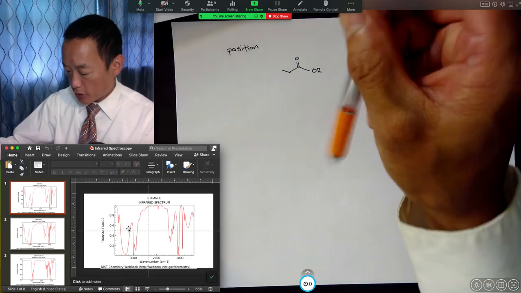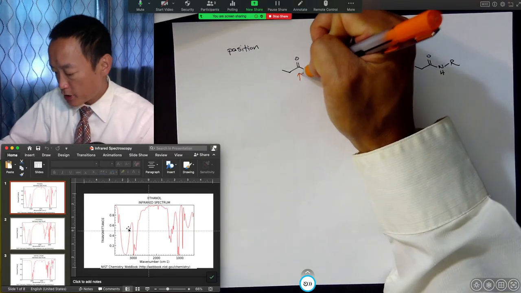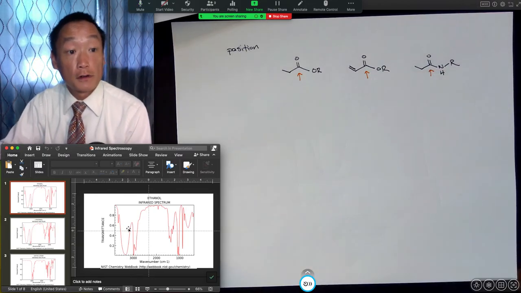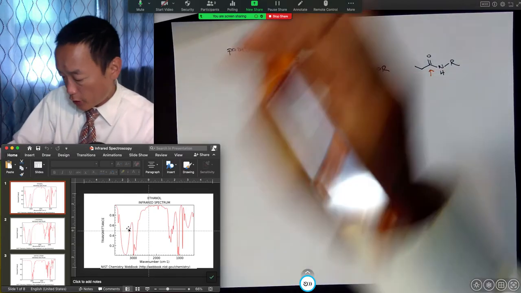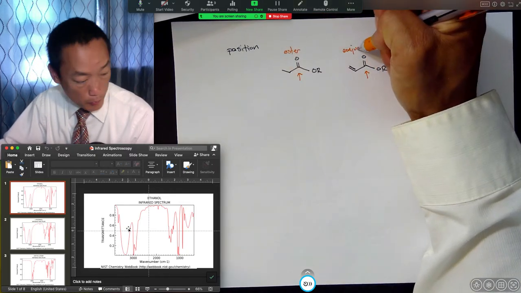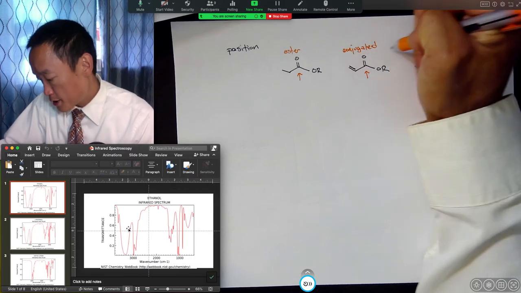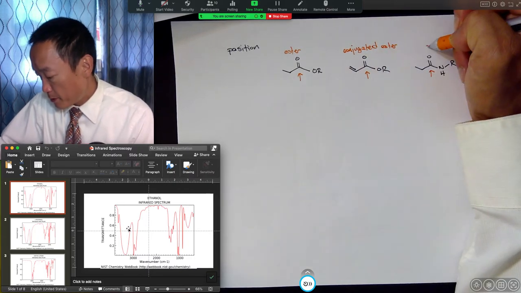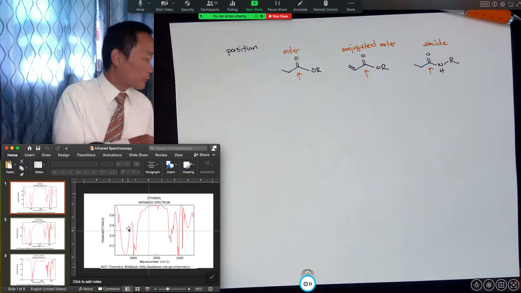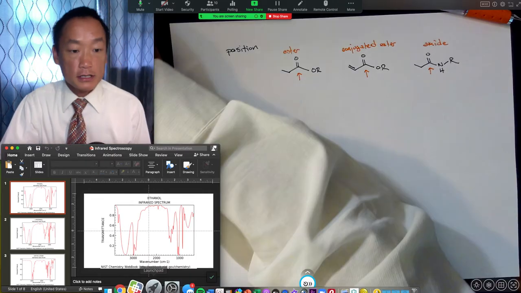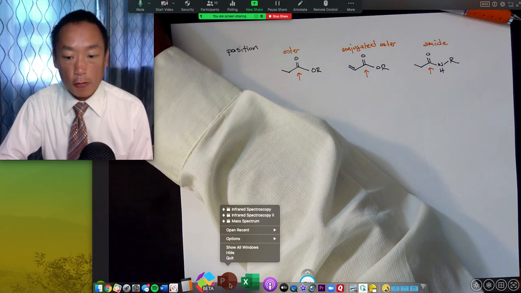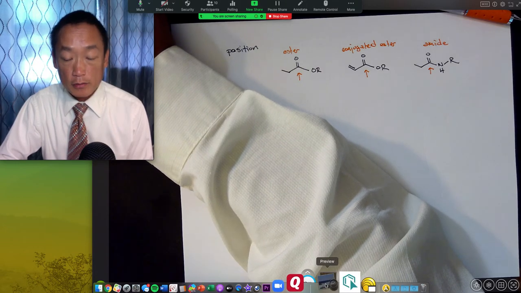So we're going to be looking at the carbonyl position in each and every one of these different types of arrangements of carbonyls, either in our ester, our conjugated ester, and then our amide. When we look at these different types of bonds, let's take a look at where we would anticipate seeing them in our IR spectrum. And so we're going to go up here.